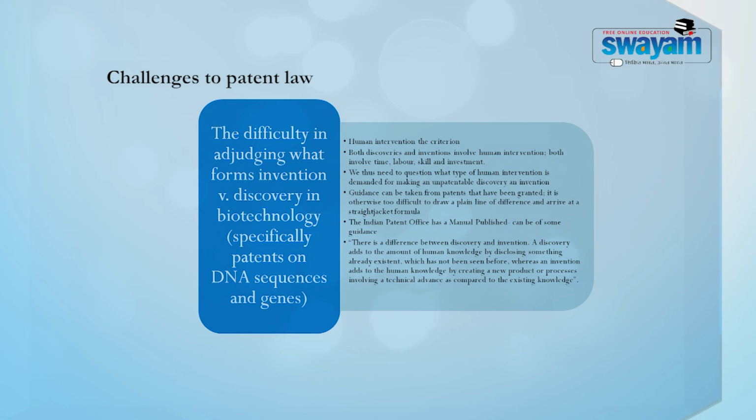Both discoveries and inventions involve human intervention, time, labor, skill and investments. How do you distinguish? We thus need to ask the question, what type of human intervention is demanded for making an unpatentable discovery and an invention? Guidance can be taken from patents that have been granted. It is otherwise too difficult to draw a plain line of difference and arrive at a straitjacket formula.